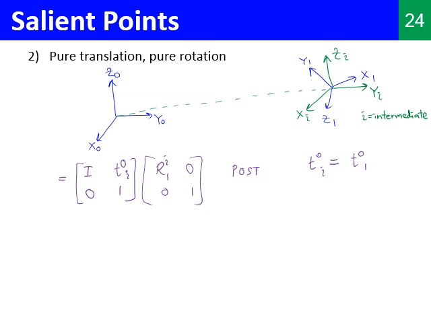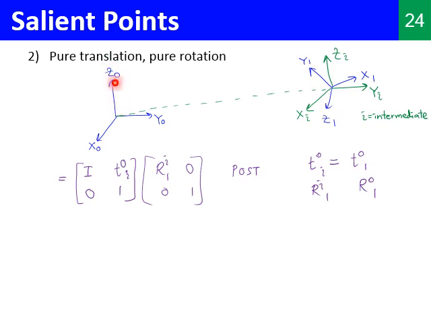And what about Ri1 and R01? So again, if we look at this figure, Ri1 means rotation of frame 1 with respect to frame I. Okay, and this one means rotation of frame 1 with respect to frame 0.